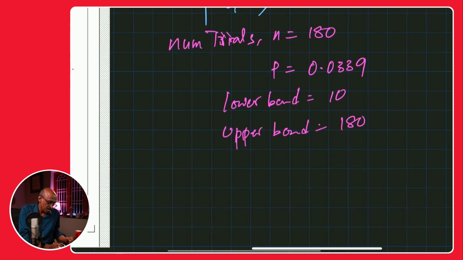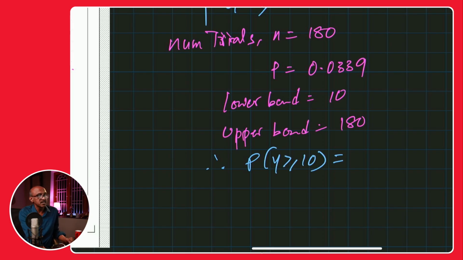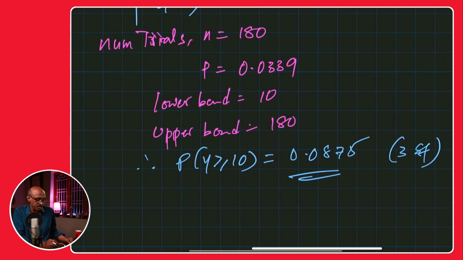And therefore you can see the probability of Y being greater than or equal to 10 must be, what did the calculator say? It says 0.00875. I'm keeping it to 3SF. Maybe you can even mention that. Hope you can see this.